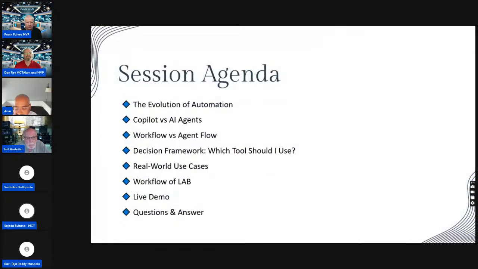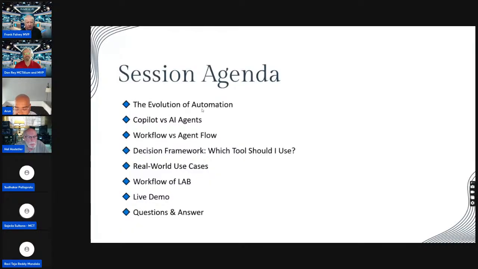Before we jump into the demo, let's take a look at today's agenda. We will begin by discussing the evolution of automation, how organizations have moved from manual processes to intelligent systems. This will help us understand where Copilot and AI agents fit within the broader automation landscape.